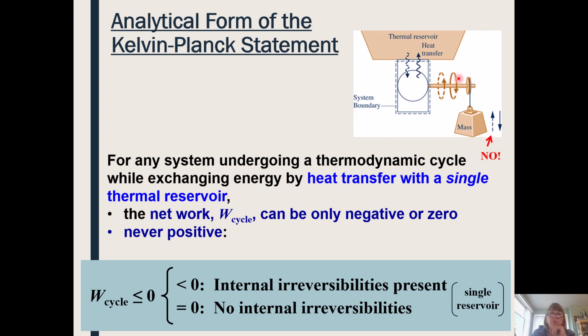We're going to talk about irreversibilities in the next chapter, but if there are no irreversibilities present, then the net work of the cycle is going to equal zero. But if there are some internal irreversibilities, then the net work of the cycle can only be negative.